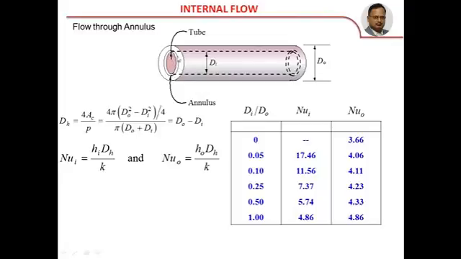The cross-sectional area of this annulus is pi by 4 into (d naught square minus di square), and the wetted perimeter is pi into (d naught plus di). So 4 cancels, pi cancels, and you will get d naught minus di. So the difference in diameters of the outer pipe and inner pipe will become the hydraulic mean diameter. Based on this only you have to calculate Nusselt number and Reynolds number.